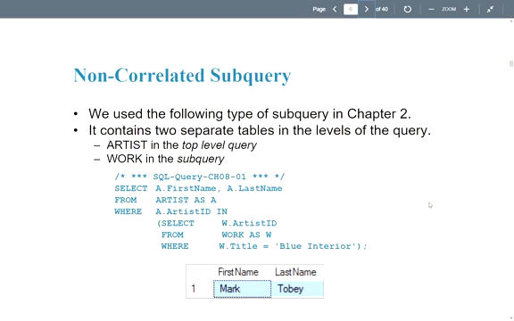The artist that created the work called Blue Interior. So you use a subquery to find or limit the artist ID in the work table to find that particular ID, and you go into the artist table to find the name of the artist. All right, so that's pretty much what you're doing here.